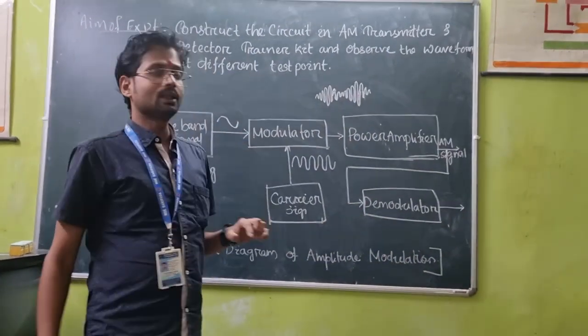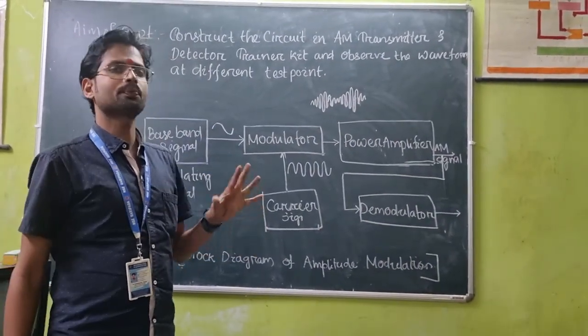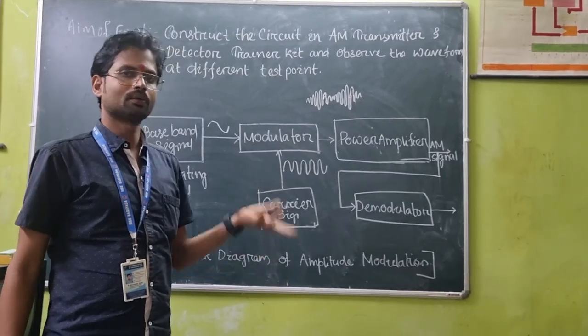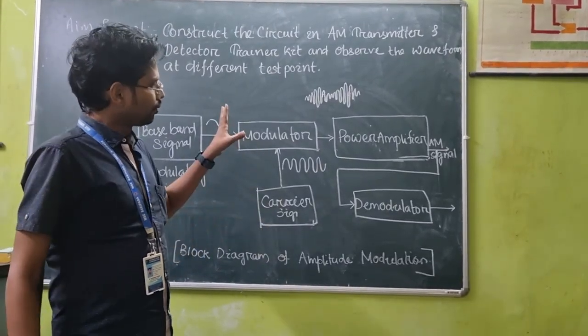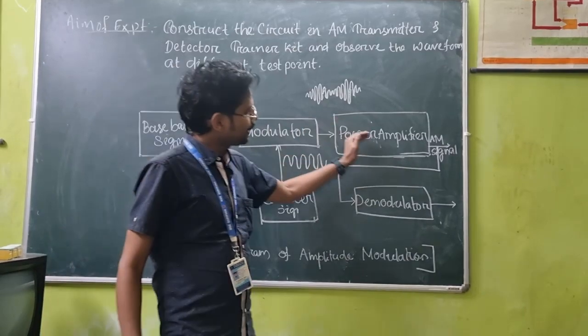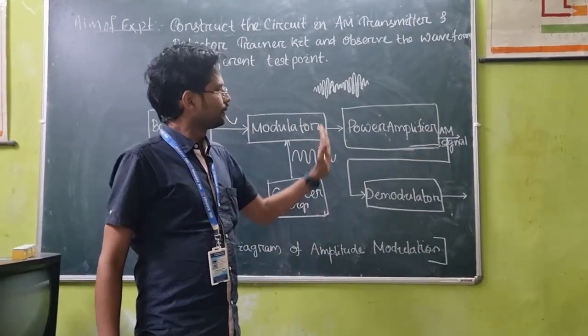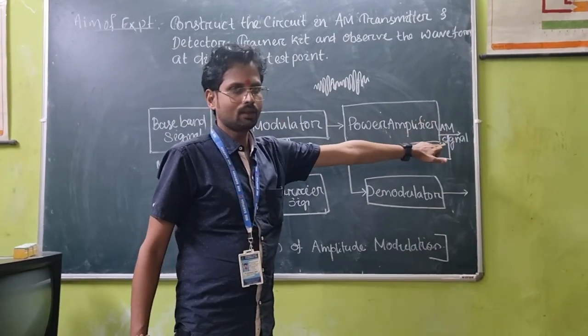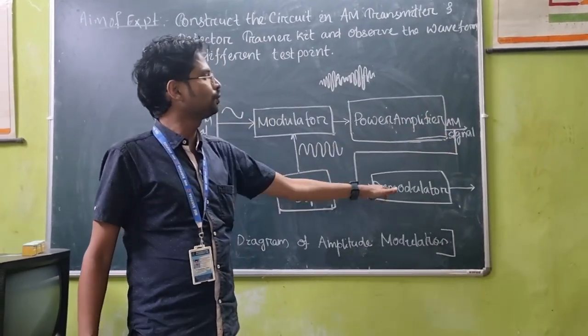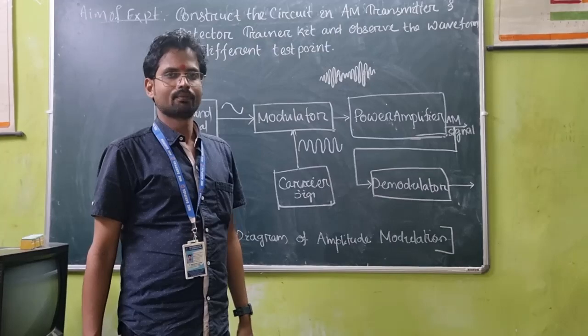Now we will see how the demodulation process is performed. See, the AM signal comes out from the power amplifier. Now this AM signal will be directly fed to the demodulator circuit.